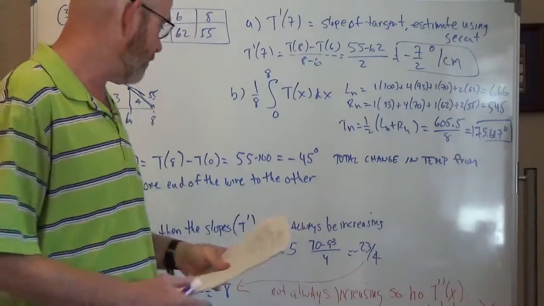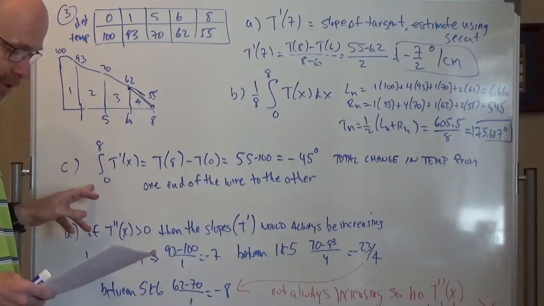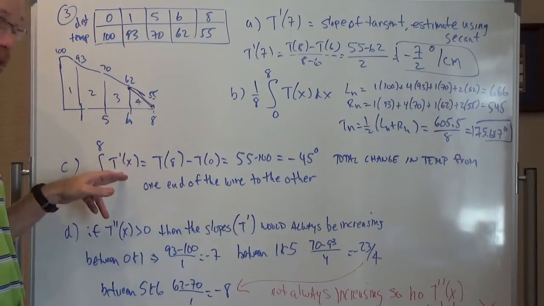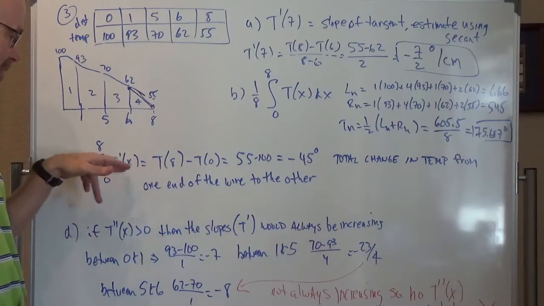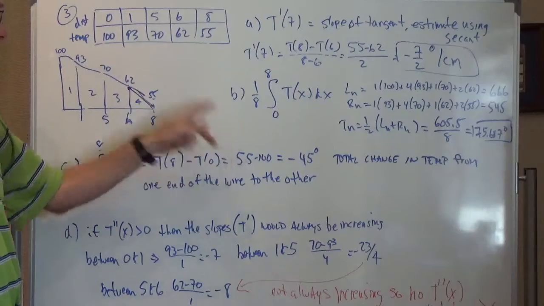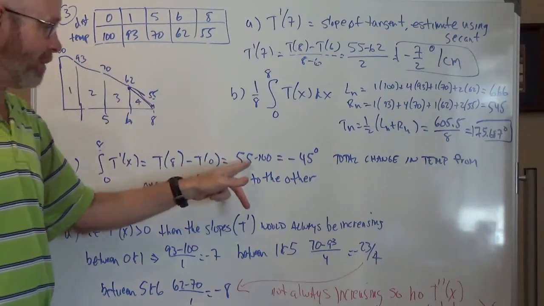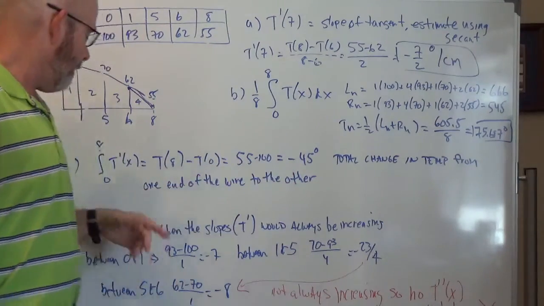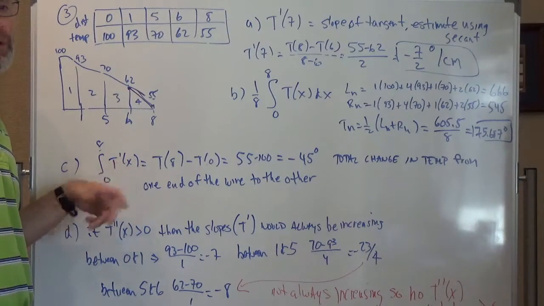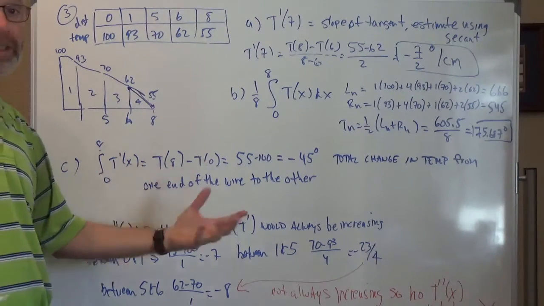Part C says find the integral from 0 to 8 of T prime. You integrate T prime, you get T. So this is T of 8 minus T of 0. T of 8 is 55, T of 0 is 100, 55 minus 100 is negative 45 degrees. Since this was an integral of a rate, you integrate any kind of rate, you get total, right?